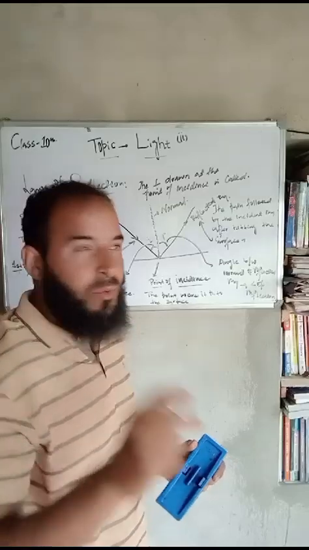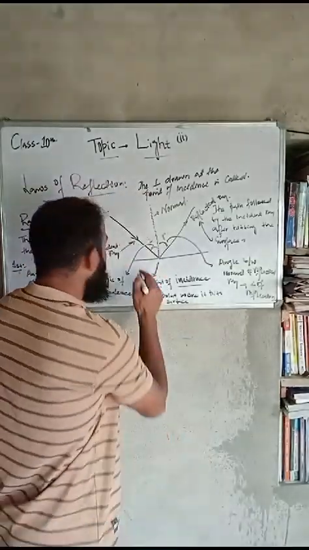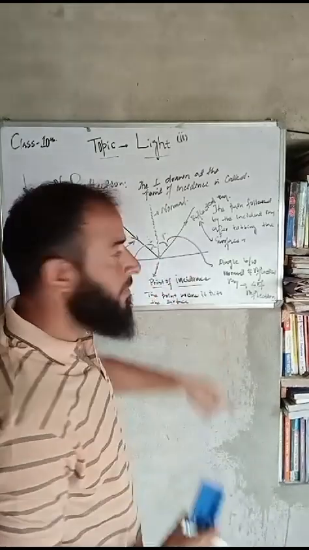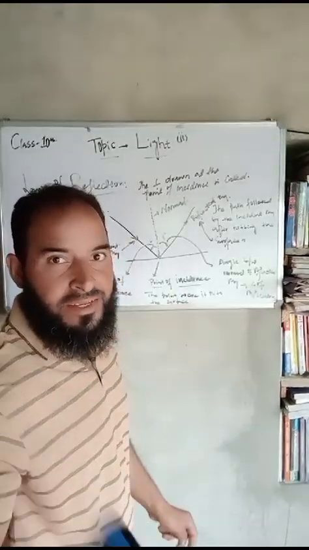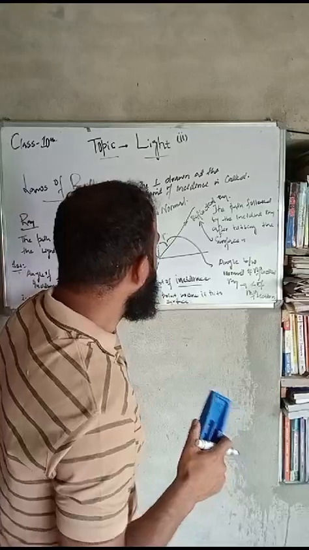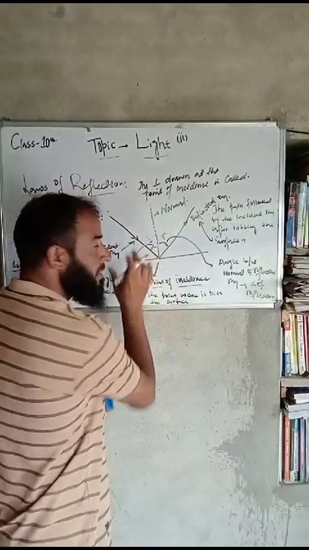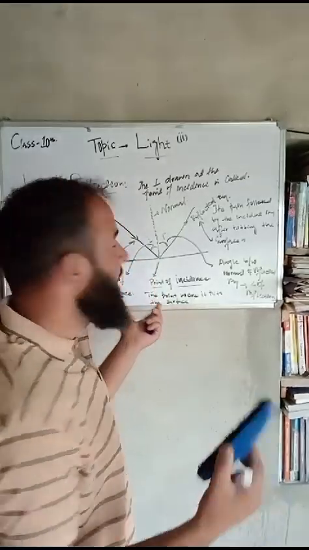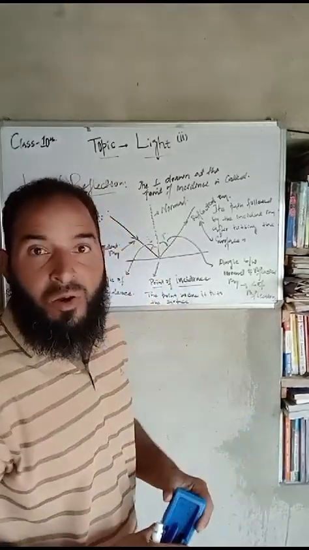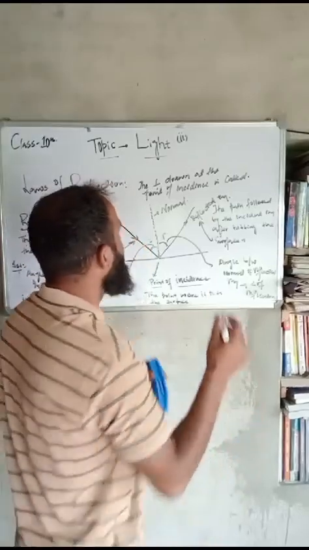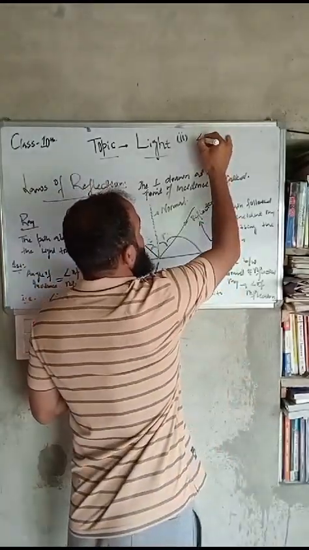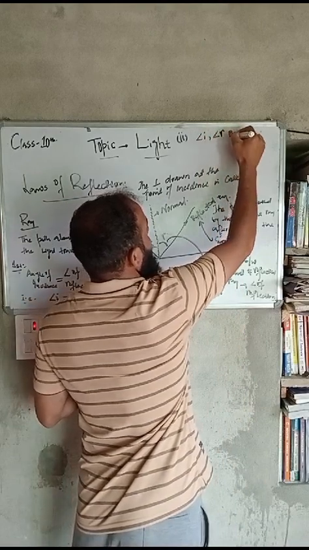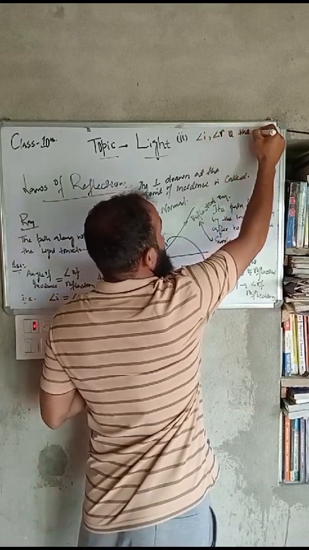What is the orientation of these? We can always say that they lie on the same plane: the angle of incidence, the angle of reflection, and the normal.